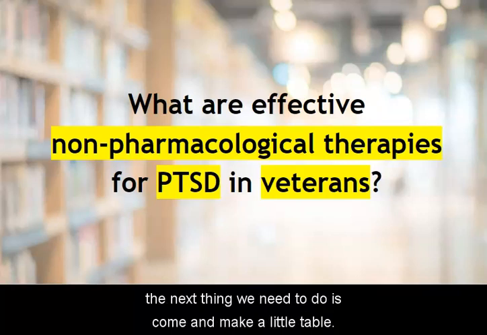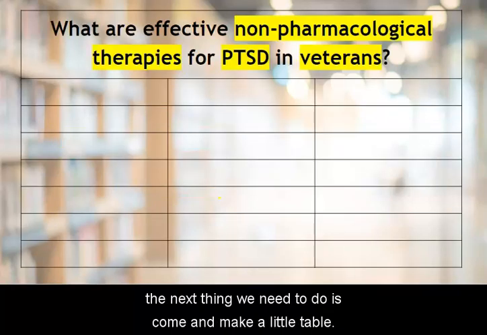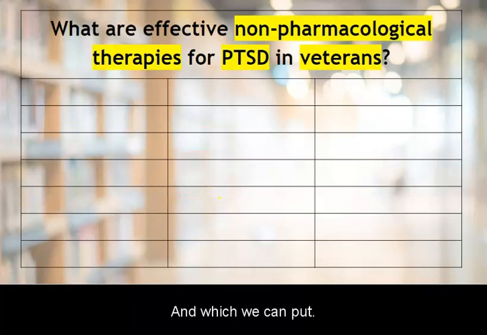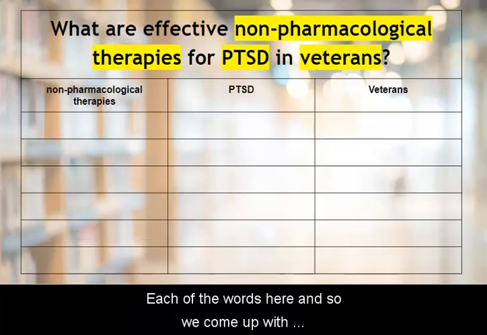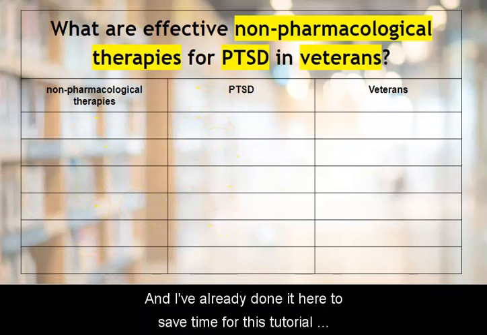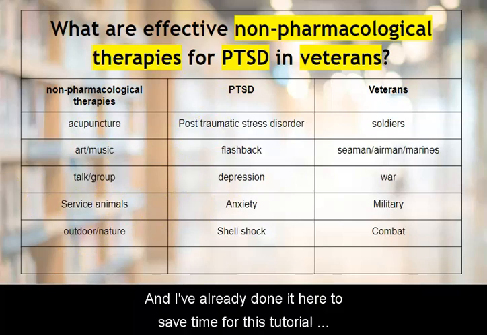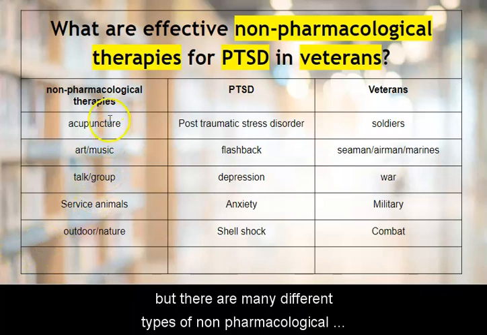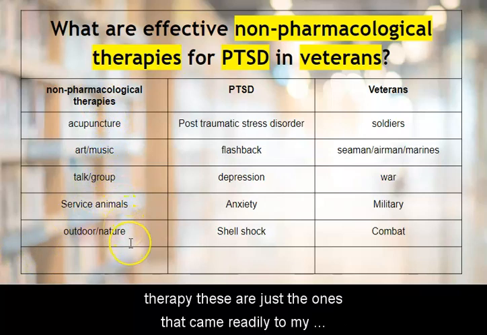So the next thing we need to do is make a little table in which we can put each of the little words here, and come up with alternative, different ways of saying the same thing. I've already done it here to save time for this tutorial, but there are many different types of non-pharmacological therapy. These are just the ones that came readily to my brain.